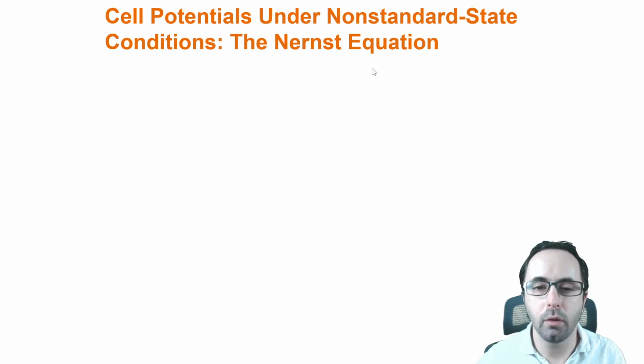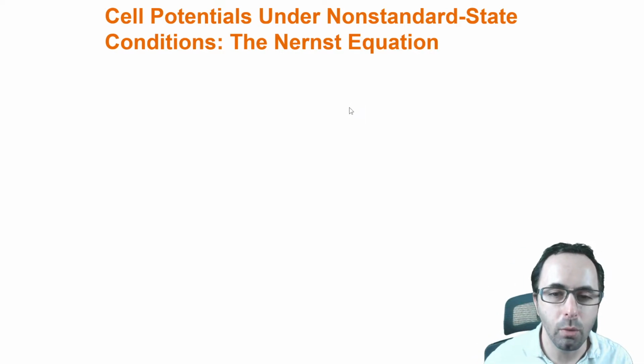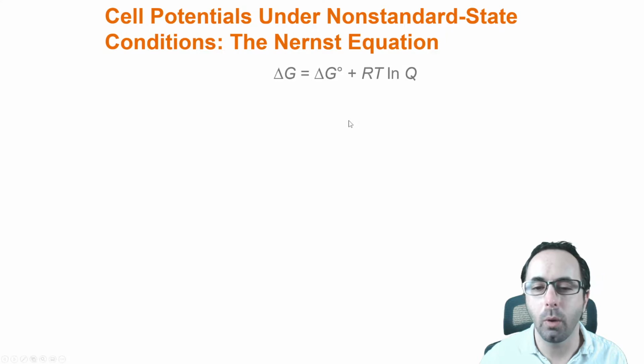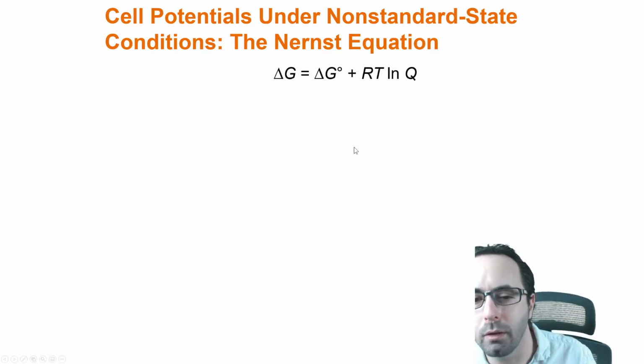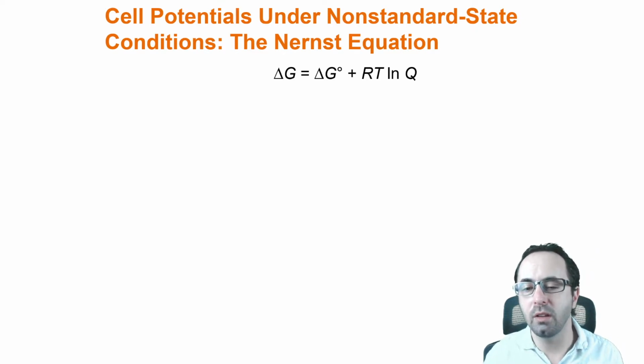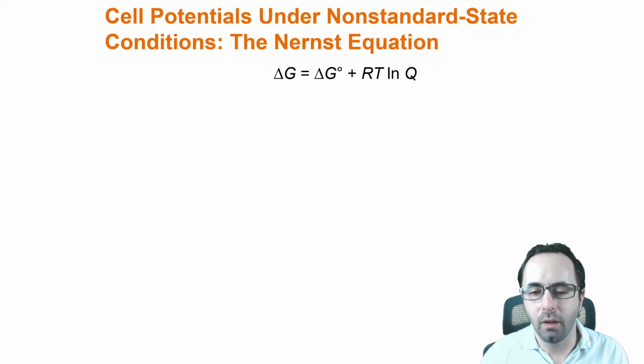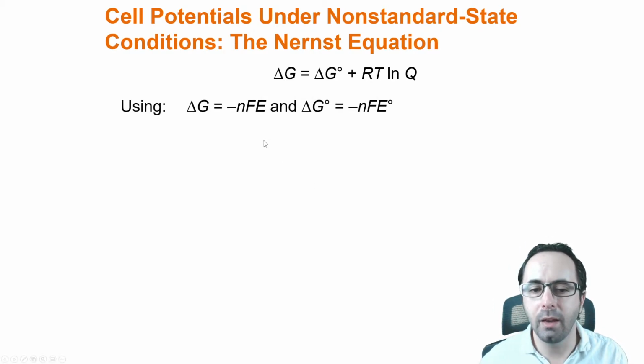To do that, we're going to use an equation called the Nernst equation, and this is actually not a new equation. It's derived from an equation that we learned in the last chapter: delta G equals delta G standard plus RT ln Q. Now, we already saw that delta G is defined as minus nFE, and delta G standard is minus nFE standard.